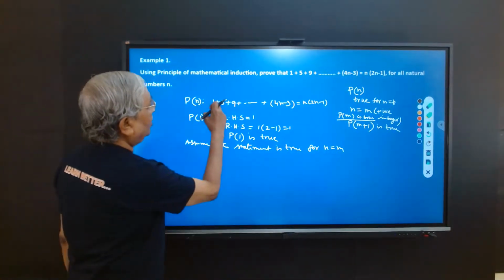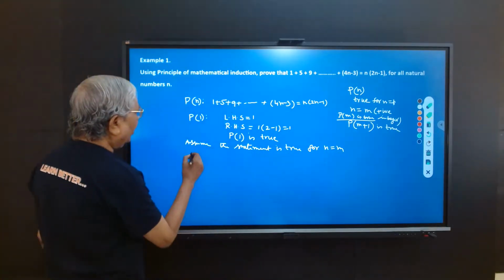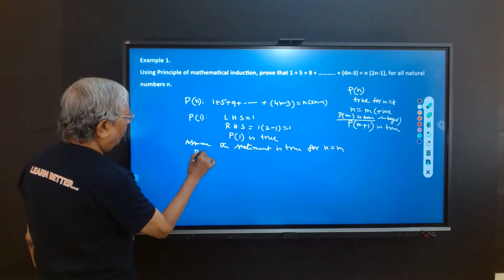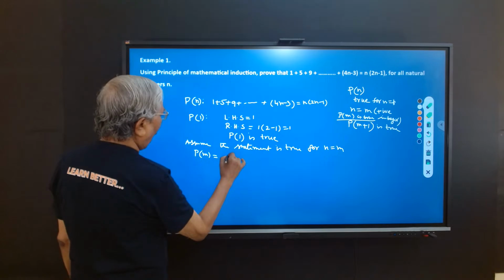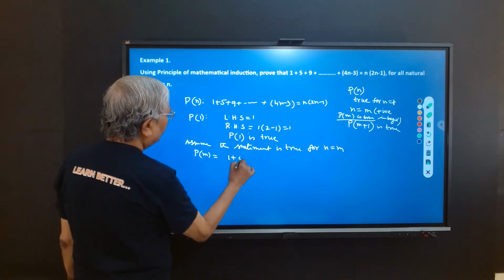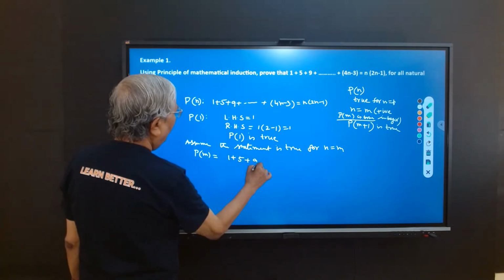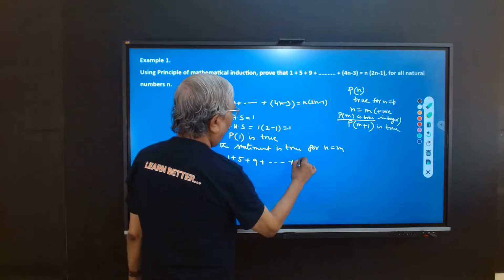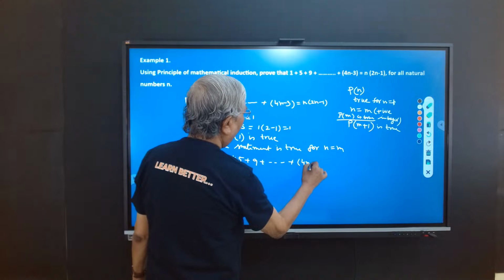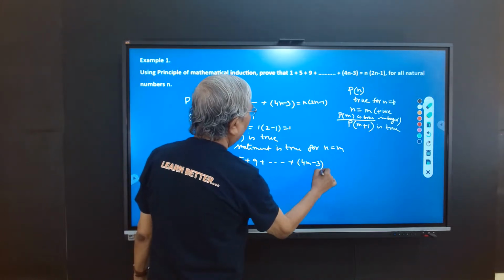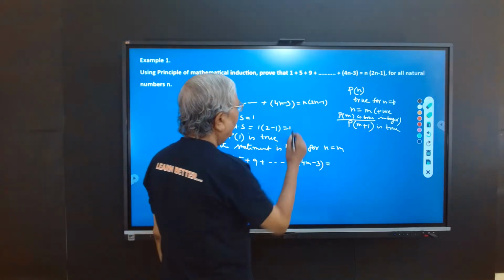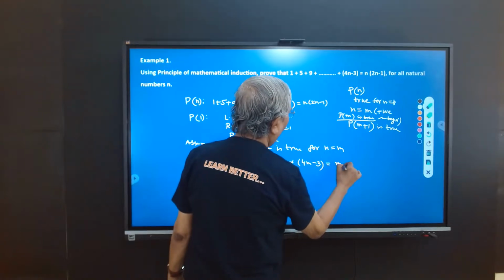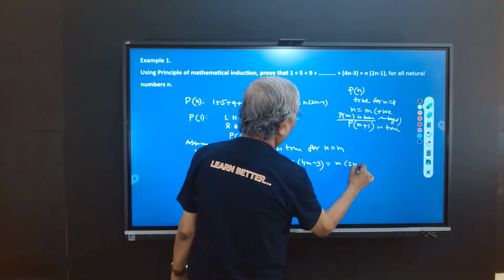What is the statement? Pm is, put n equal to m: 1 plus 5 plus 9, these are terms, up to 4m minus 3 equals m into twice m minus 1.